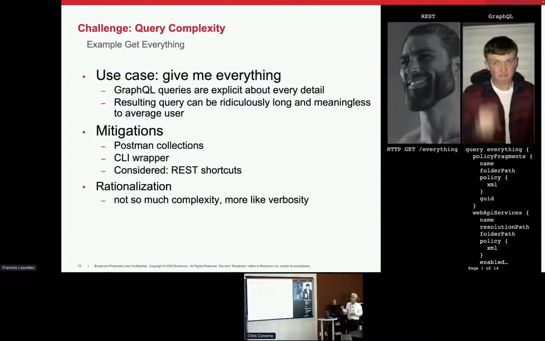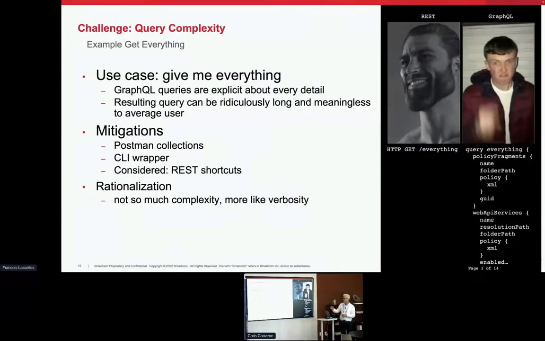We've also considered adding REST shortcuts to our GraphQL API so that you could go GraphQL/everything, and then on the gateway side, we don't actually have to implement that in the GraphQL API itself, because we have our own policies that are governing that, so we can just translate that into the everything query. But we're actually not moving forward with that at the moment, because we find that the complexity is shielded by those mitigations, by providing a DX that doesn't focus on the GraphQL details themselves.